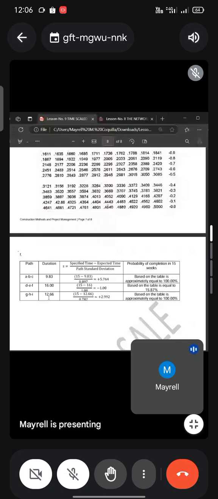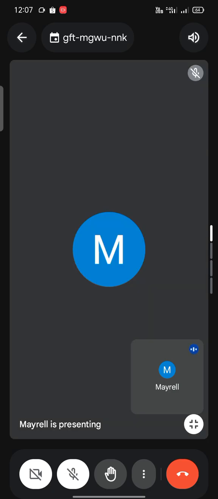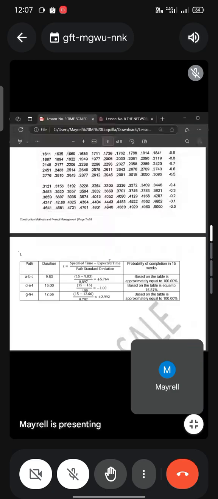So, solving for the Z: specified time minus expected time over path standard deviation. So, specified time na to is 15 weeks minus the expected time of that path, 9.83, over the standard deviation of that path.